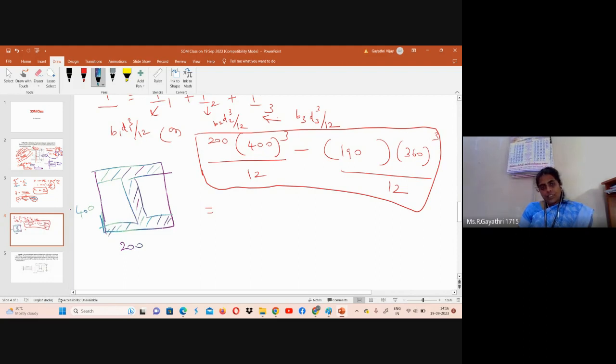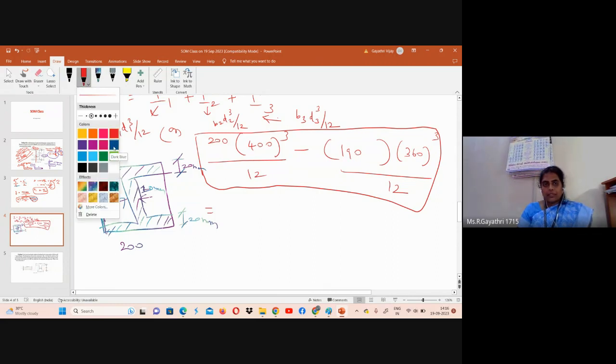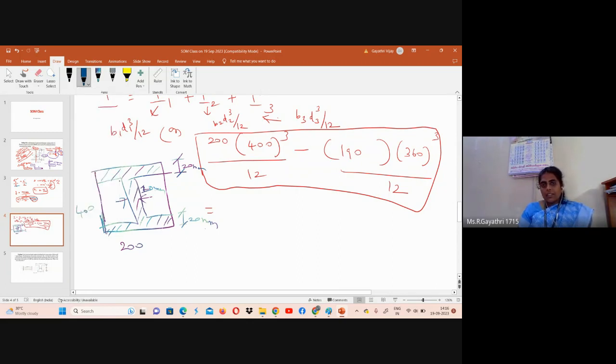So we need to cut this 10 mm from the total width, and 20 mm, 20 mm, total 40 mm from the height. So now width becomes 200 minus 10, 190. Height becomes 400 minus 20 plus 20, 40, 360.